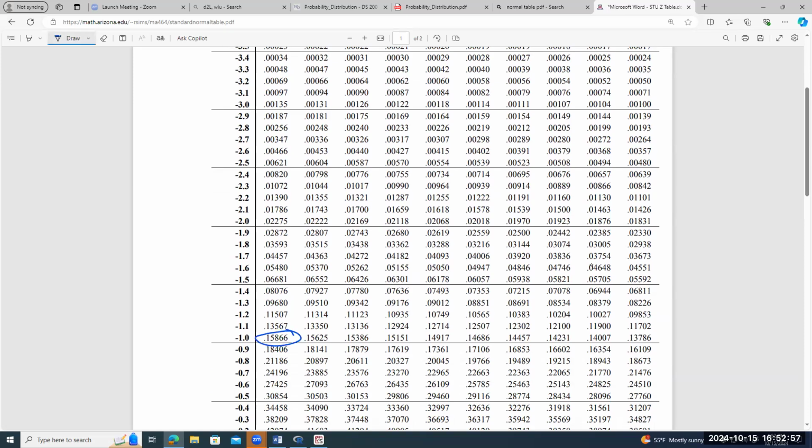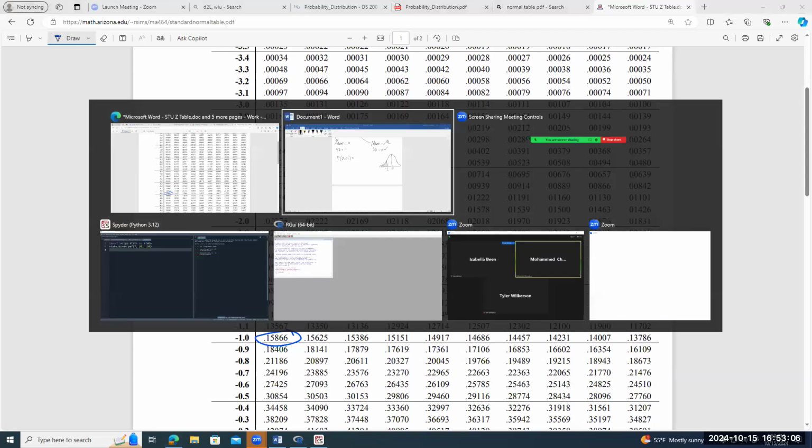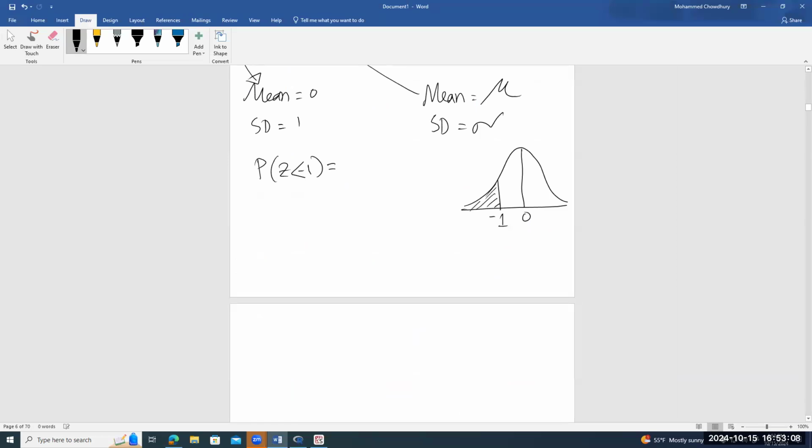Do you see that? So this is 0.15866. Clear? But how can I find it by using Python?